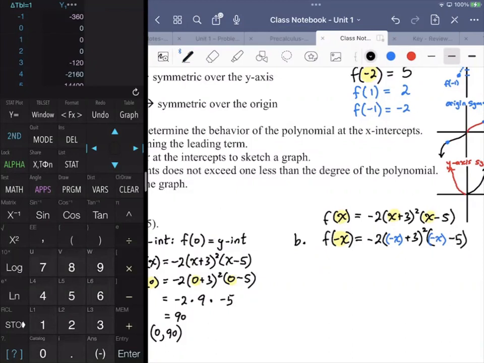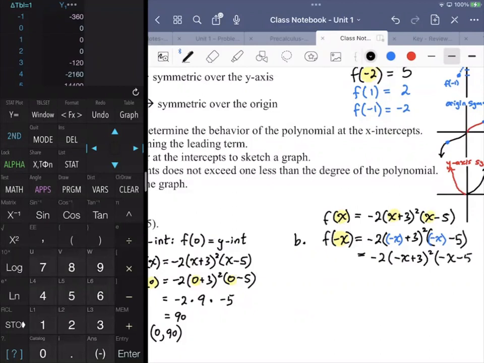All right, and then when we simplify, we get -2, then (-x plus 3) squared, then times (-x minus 5), raised to the first power. I kind of treated that like a double negative for no good reason.